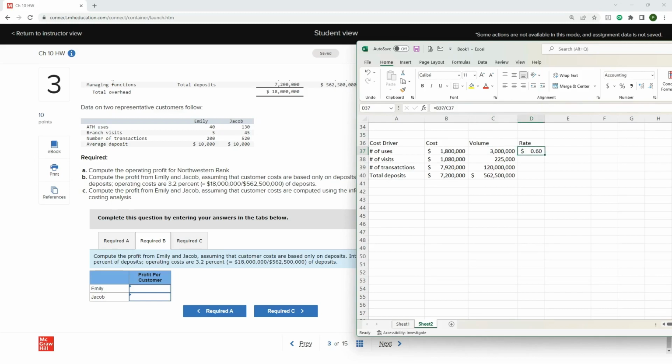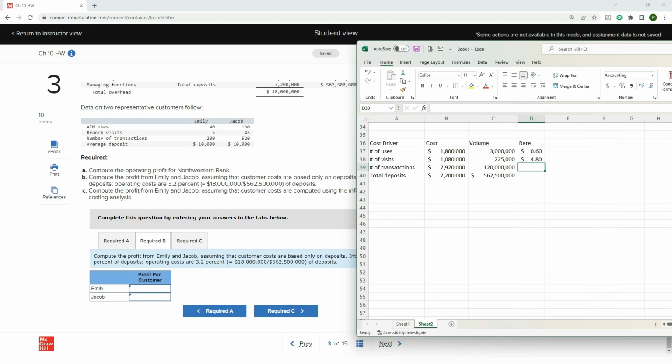And so for the first one, using the ATM, there were 300 million instances of ATM use, and so it cost the company 60 cents per use. Number of visits is the cost 1,080,000 divided by 225,000 visits, so that's $4.80 per visit.